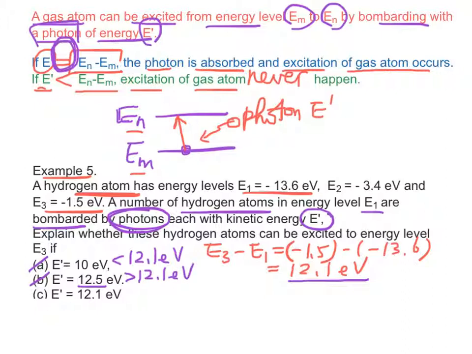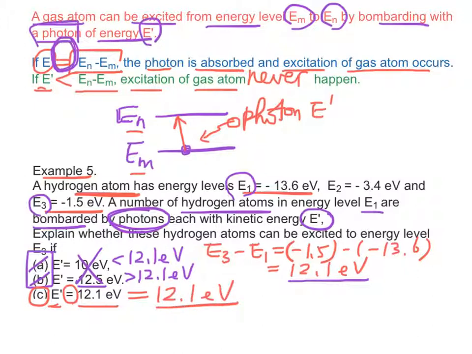Therefore, in both case A and B, excitation of the atoms from level 1 to level 3 is impossible. Only in case C, the energy of the photon is equal to 12.1 eV, the energy needed to excite the atom. Therefore, excitation in case C is possible.